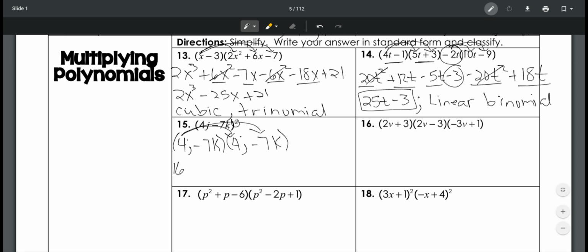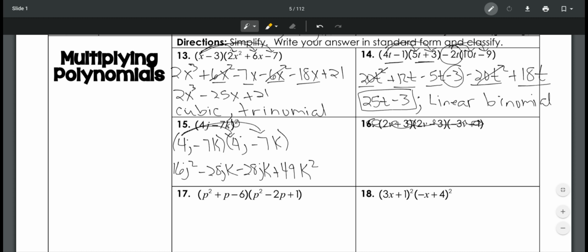So that would be 16j squared minus 28jk. I'm going to do the same thing with the negative 7k distributed across. That's negative 28jk plus 49k squared.